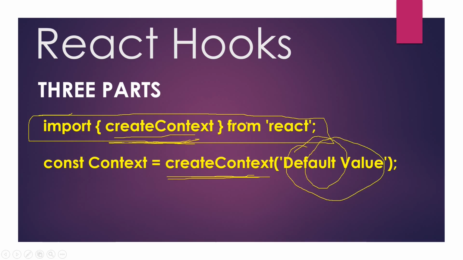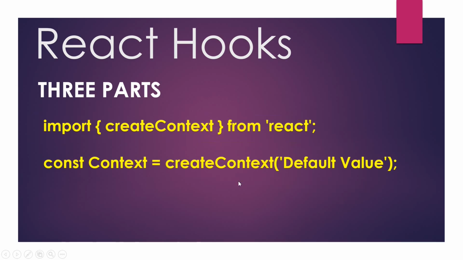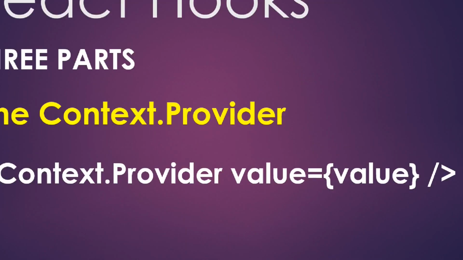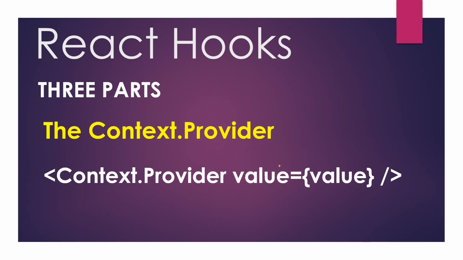So this is step number 1: first we import and then set the initial value through createContext. That means we are creating the context. Then step number 2, we set the value which we have created and pass it through the value prop of the context provider.